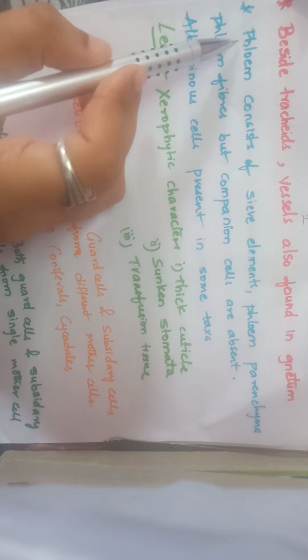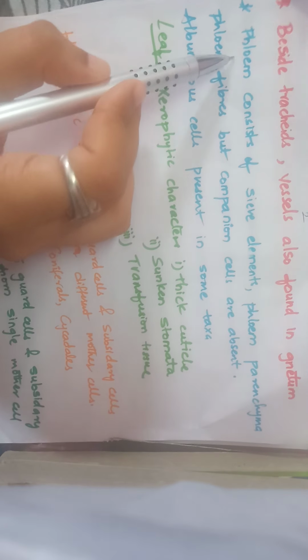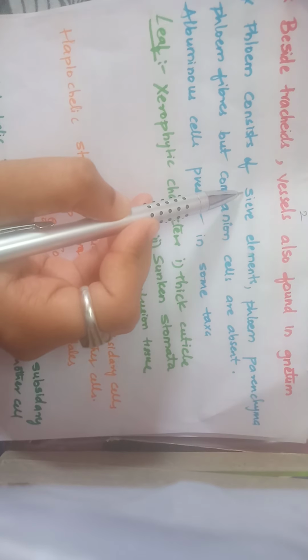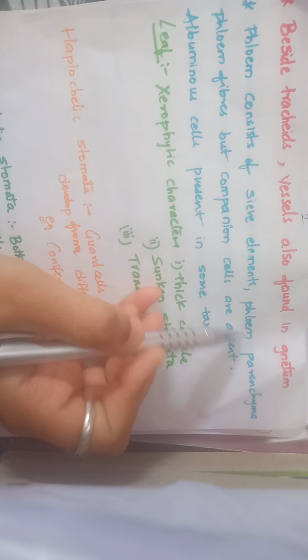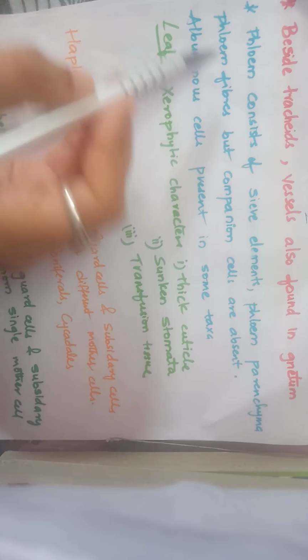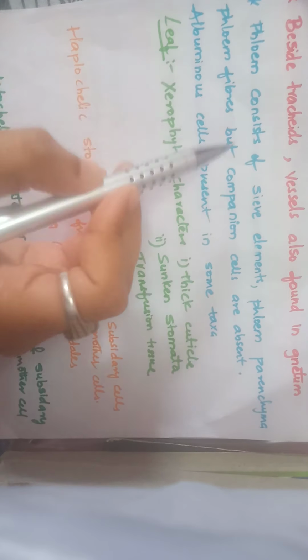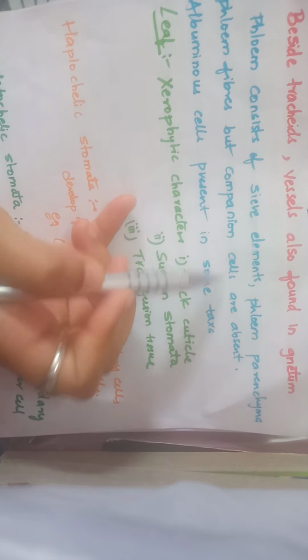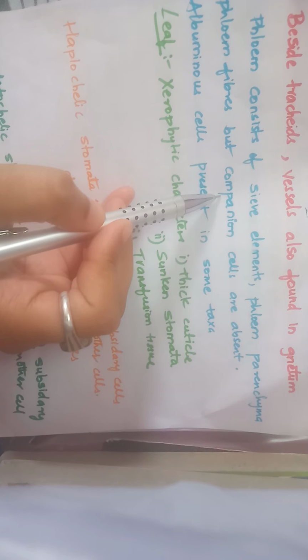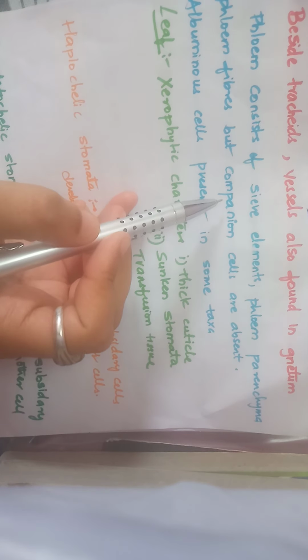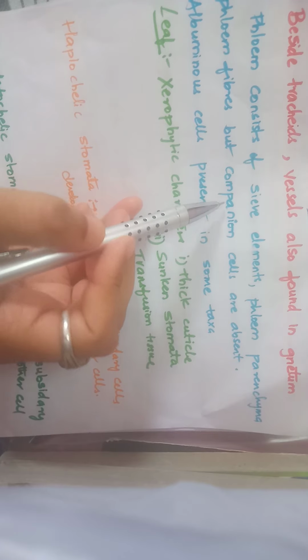Then coming to the phloem tissue, it contains the sieve elements, phloem parenchyma as well as phloem fibers. These three phloem elements are found in the gymnosperms, whereas the companion cells are absent. Companion cells are a type of phloem element which are absent in the gymnosperms.